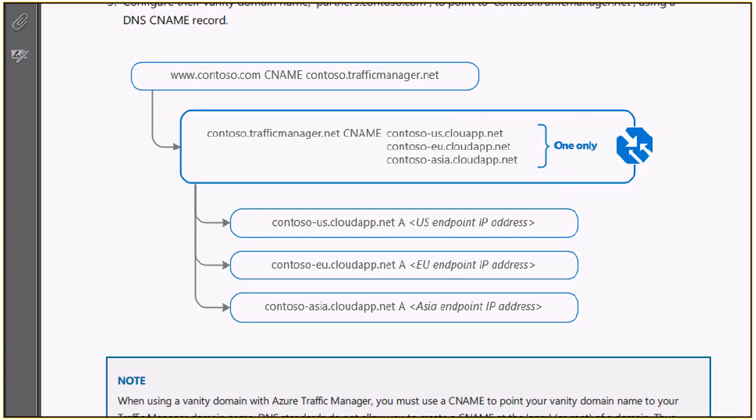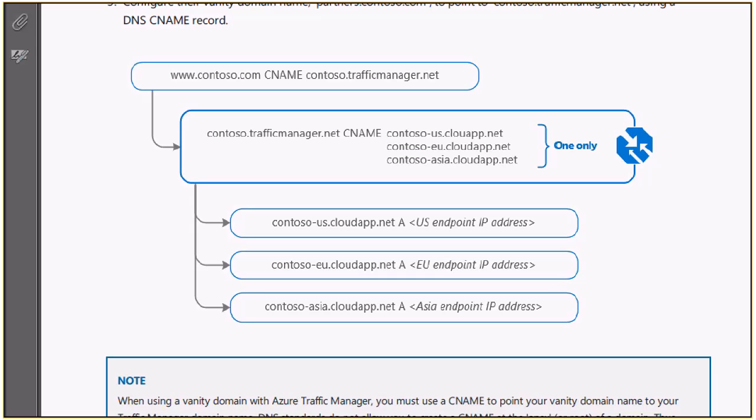Yeah, that's a good example. Your use case would be you have a US endpoint, a Europe endpoint, and an APAC endpoint. If you're a global organization, your web app can be hosted in three different locations, and you configure performance as your Azure Traffic Manager profile's routing method.